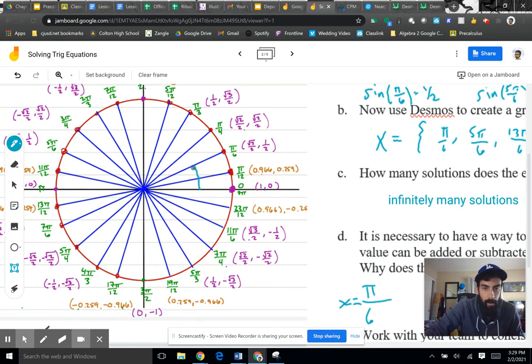So it's this angle right here. Well, what can we add to pi over 6 to get the next solution? We can add another trip around the circle.